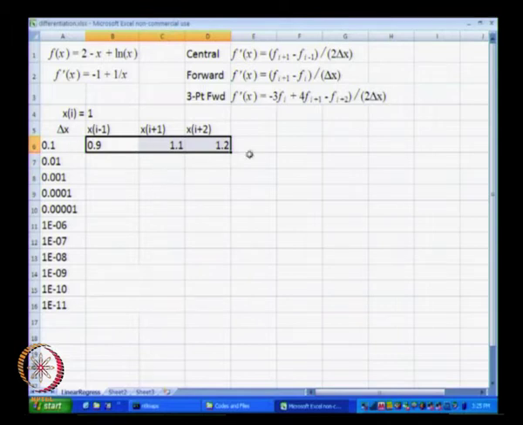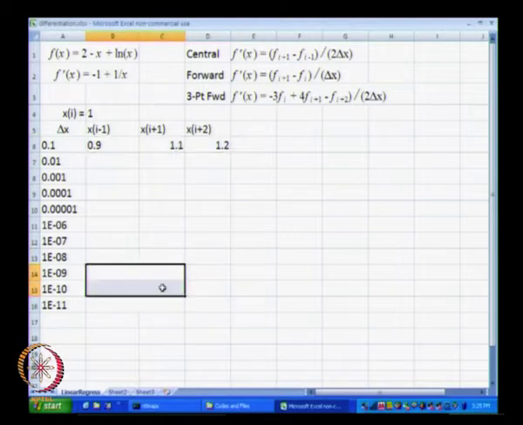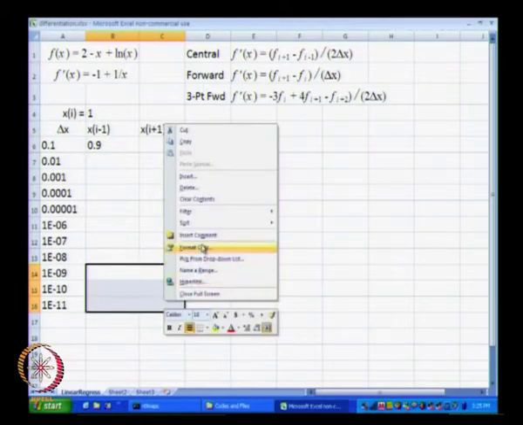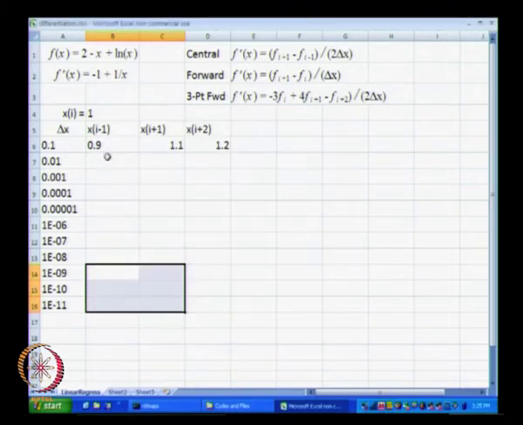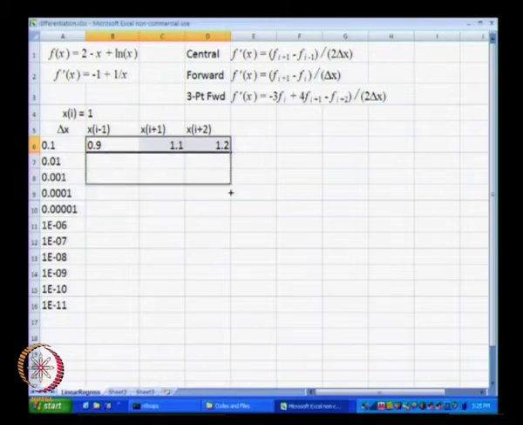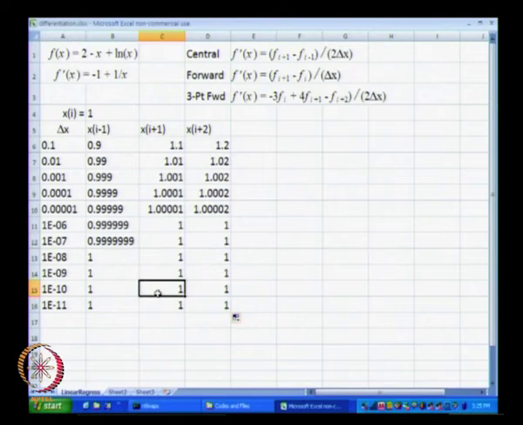I will take this and drag it below. There was a problem over here, so I will unmerge the cells, and this should be fine now when we drag these cells. So these are the values of xi minus 1, xi plus 1 and xi plus 2.